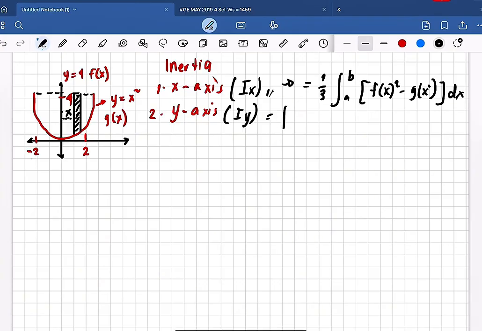So limit a to b, x squared times the bracket f of x minus g of x, dx.